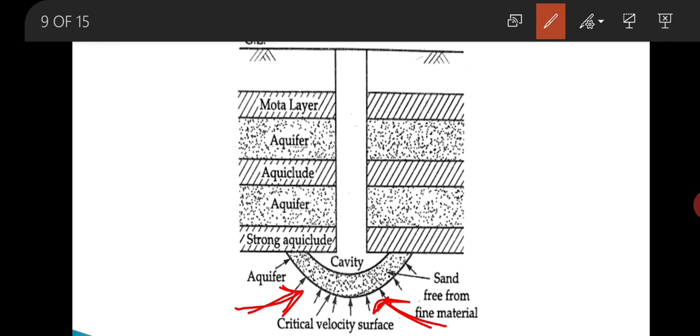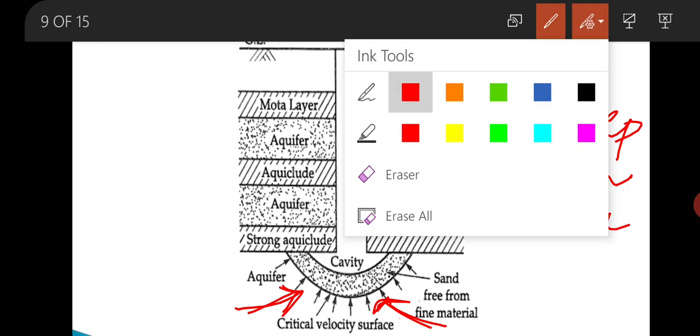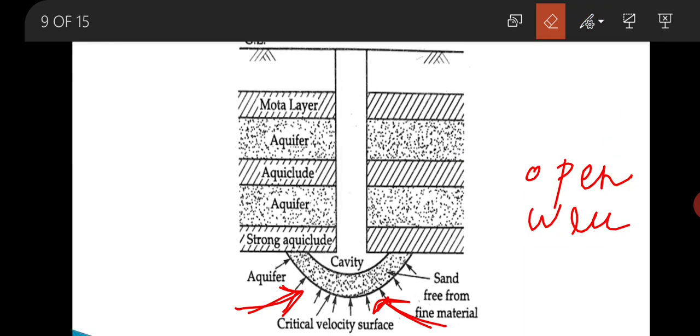and the working principle behind the cavity tubewell is generally similar to that of a deep open well, as we have discussed before.